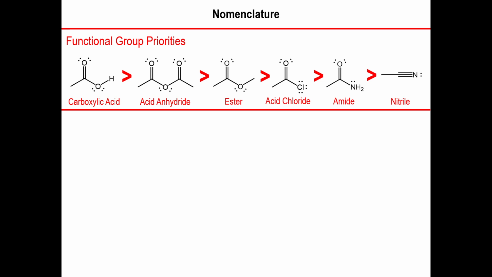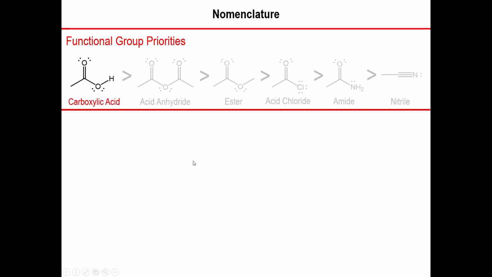Unless all you have is a nitrile group and just regular substituents, the nitrile group usually doesn't even get accounted as a functional group. It can be treated as a substituent if other higher priority groups are present. So that would be something to keep in mind.